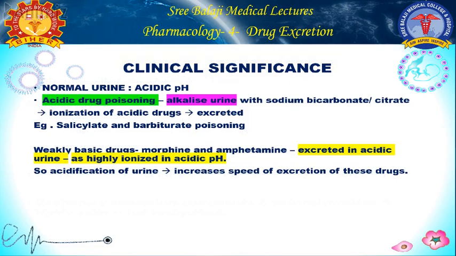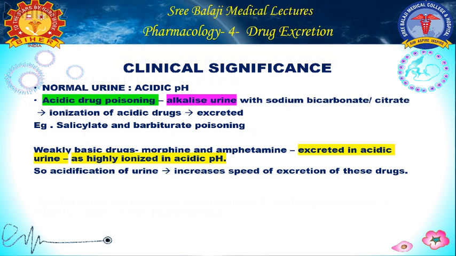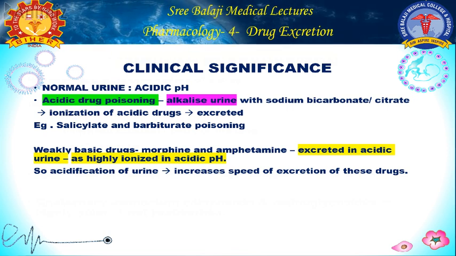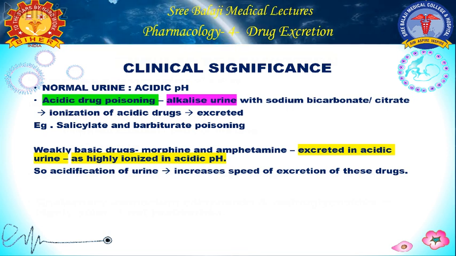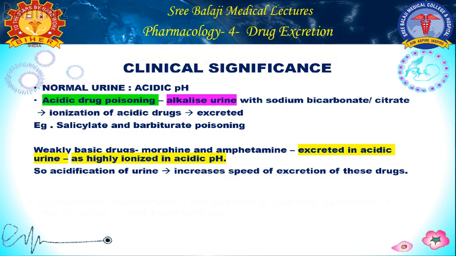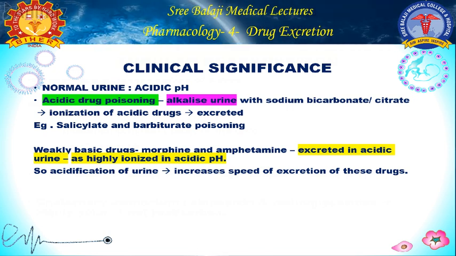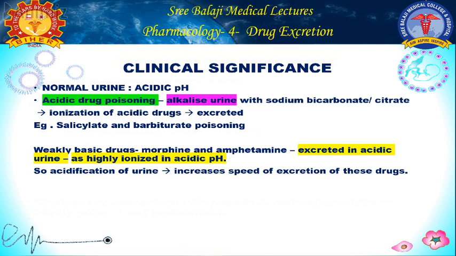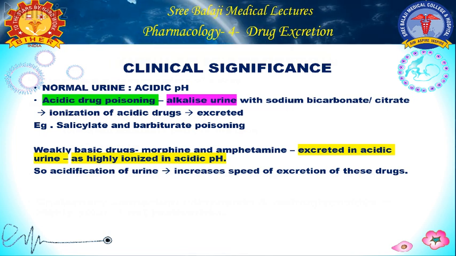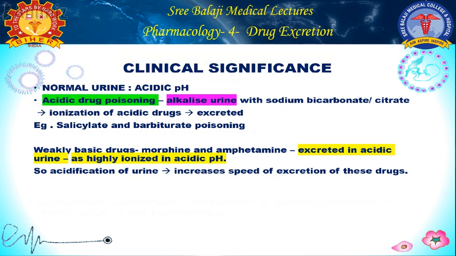Normal urinary pH is slightly acidic. So in case of acidic drug poisoning, the acidic drugs will be unionized and reabsorbed more. So we have to alkalinize the urine with sodium bicarbonate or sodium citrate, so that the acidic drugs get ionized in the urine and get excreted.